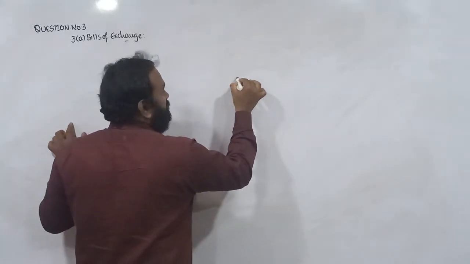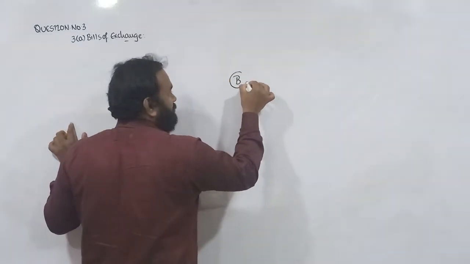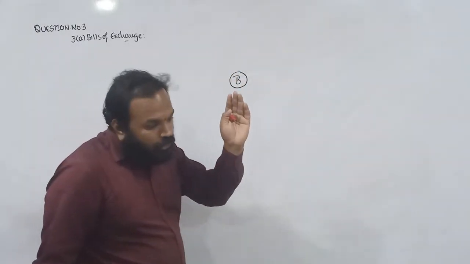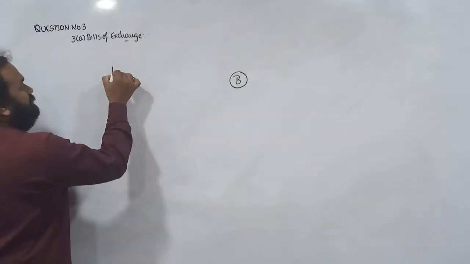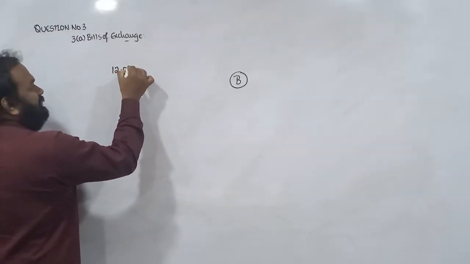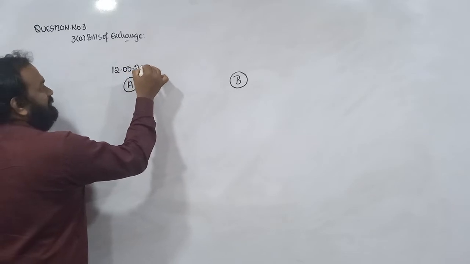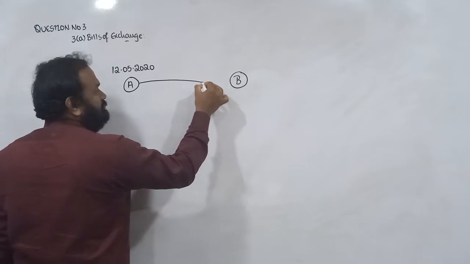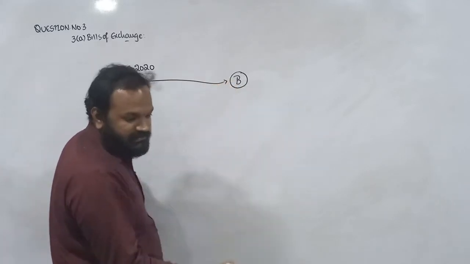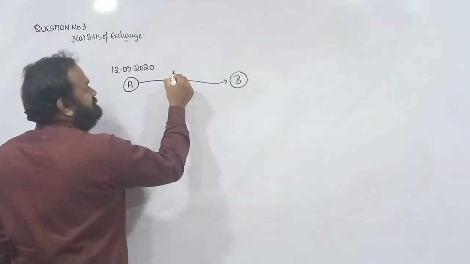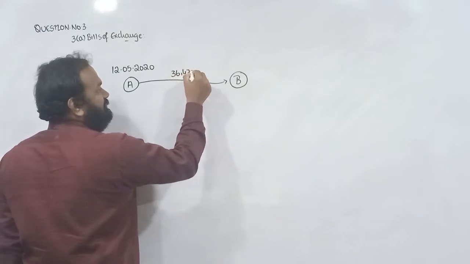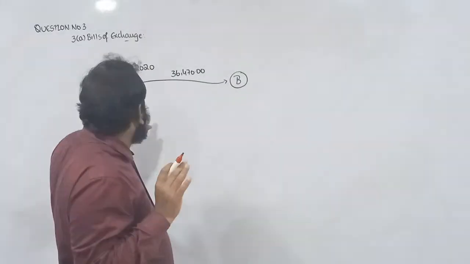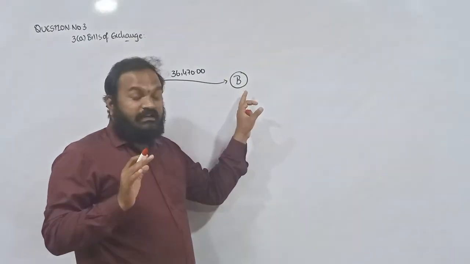In this problem, there are two parties, namely A and B. On 12th May 2020, A sold goods worth rupees 36,470. So in this particular transaction, A is the seller.